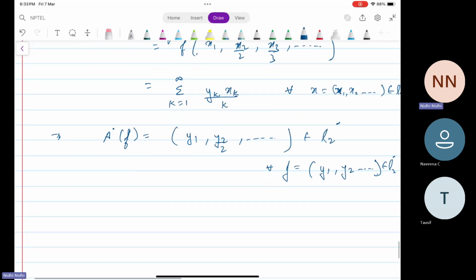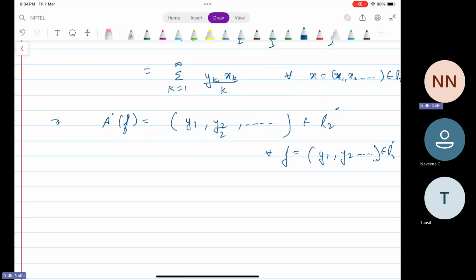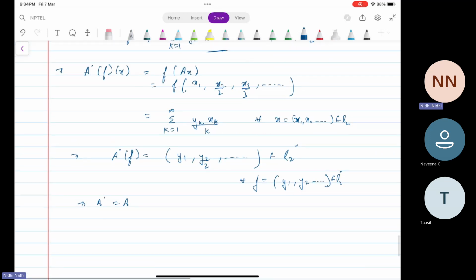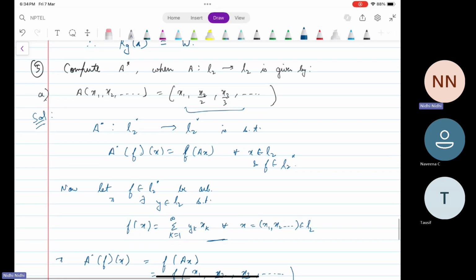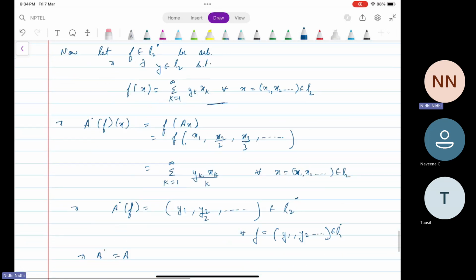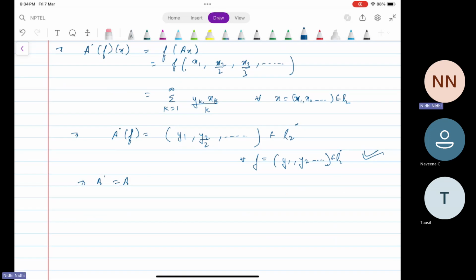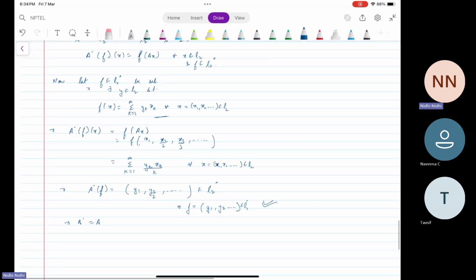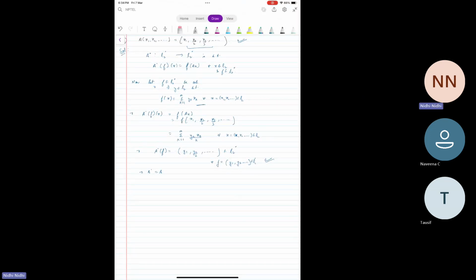Here we can see that A star is equal to A, because A was mapping any sequence y1, y2, and so on to y1 by 1, y2 by 2 in this form. Here also we have a similar map. So is it fine how we computed A star?